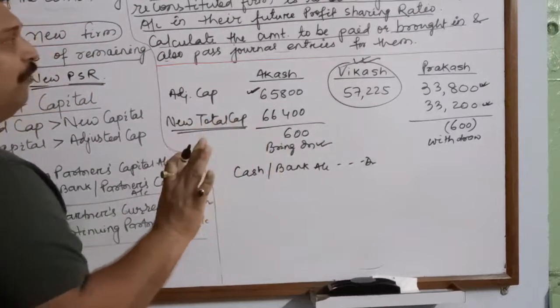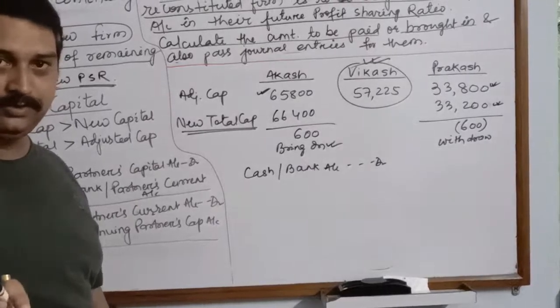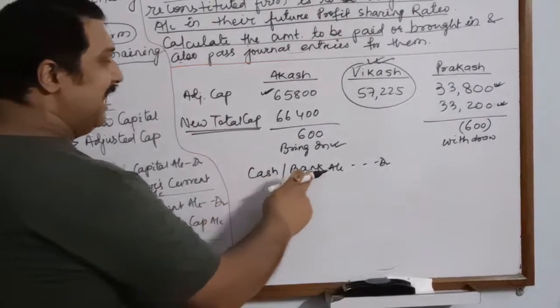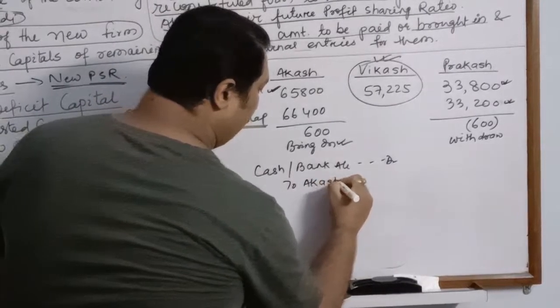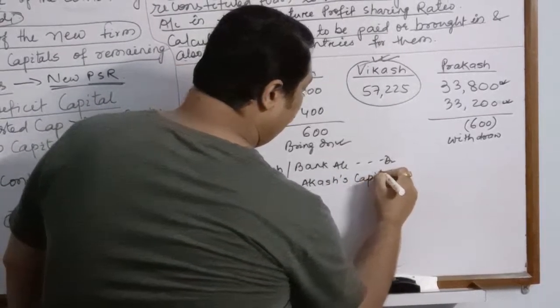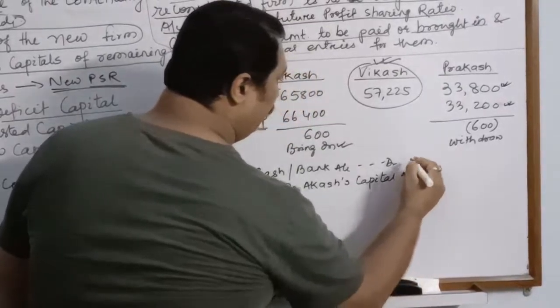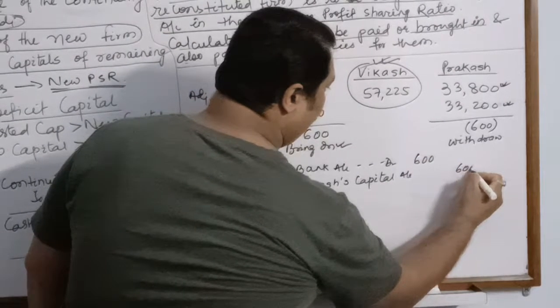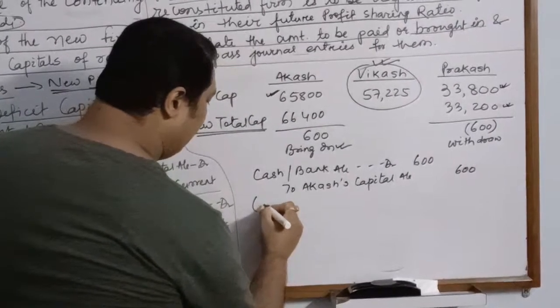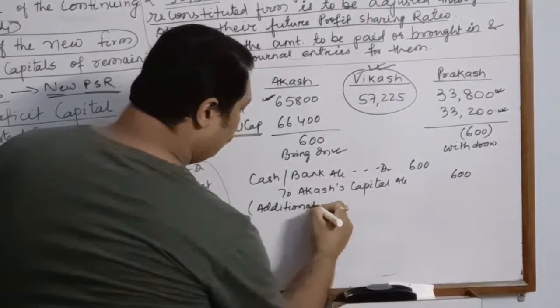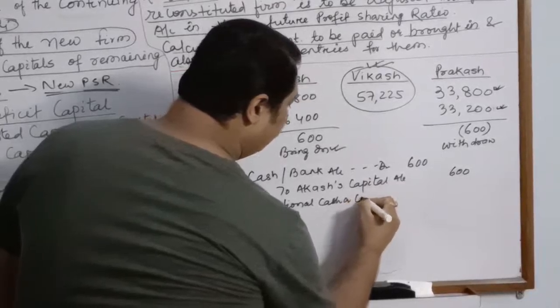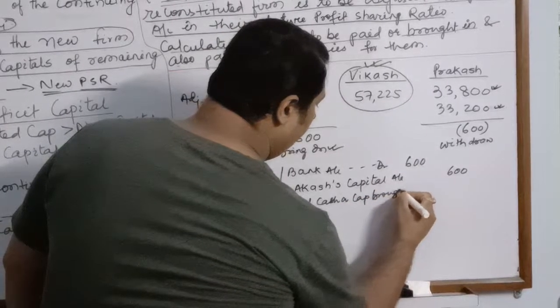That means you are not informed to adjust it through current account. That is why I am using the term cash or bank account debit to Akash's capital account. He will bring in more capital, introduce 600 extra. So here in the narration you will write additional cash or capital brought in.